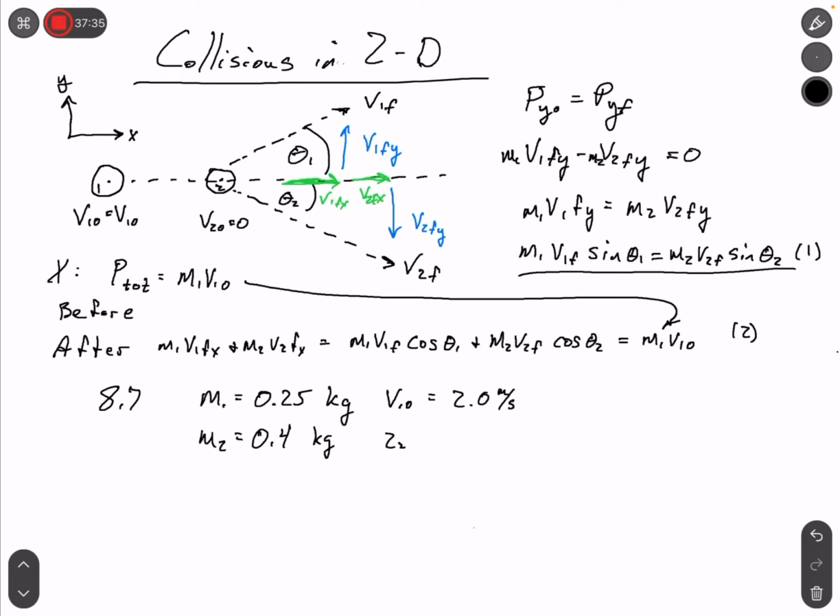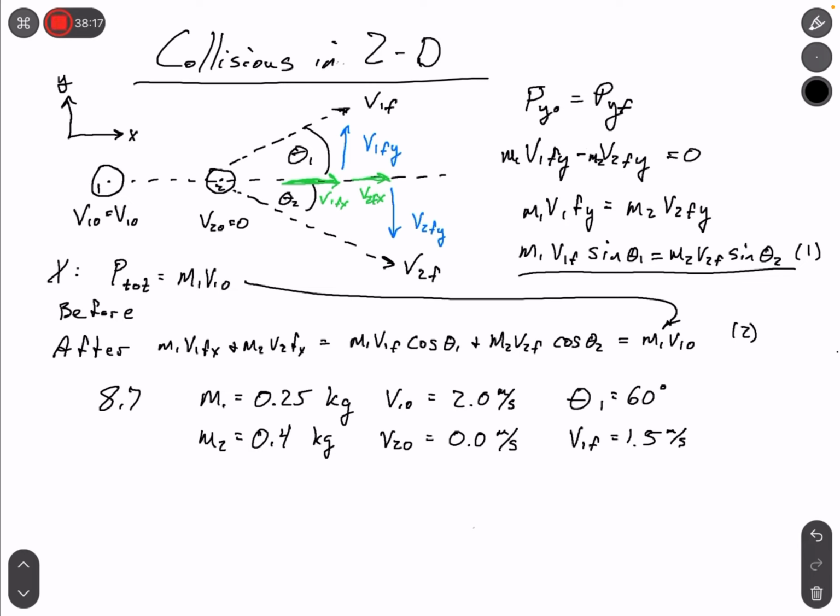Our V2 0 is equal to 0. We already said that. And we also know that theta 1 is equal to 60 degrees. And we are given also V1 final is equal to 1.5 meters per second.